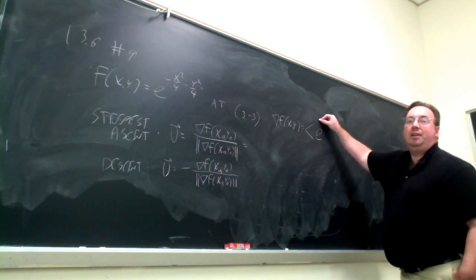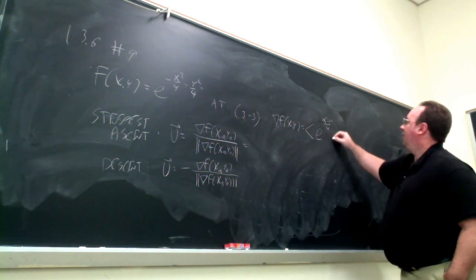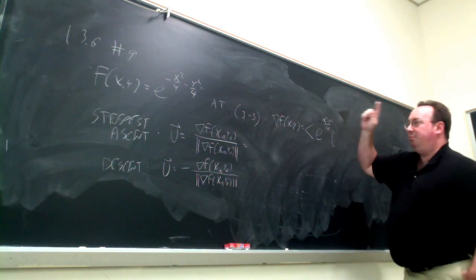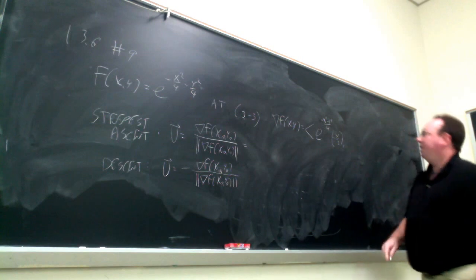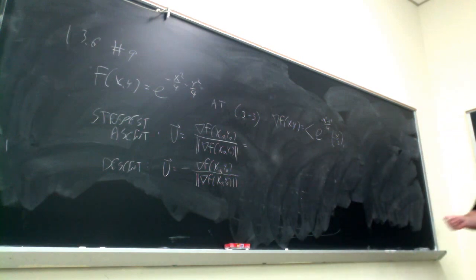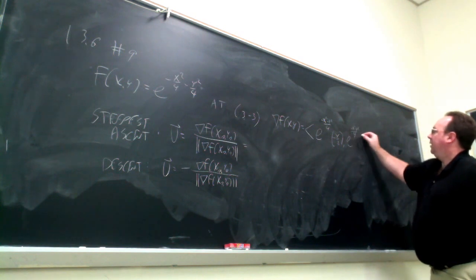Negative 1/2 x, e to the... Yeah. So it's all this times minus 2x over 4, so minus x over 2, and then it'll be a similar thing with respect to y, times minus y over 2.